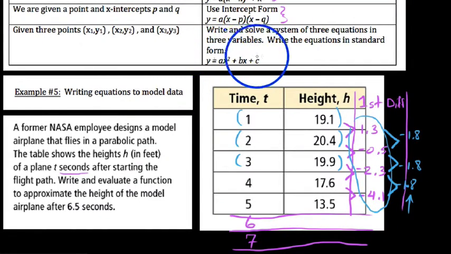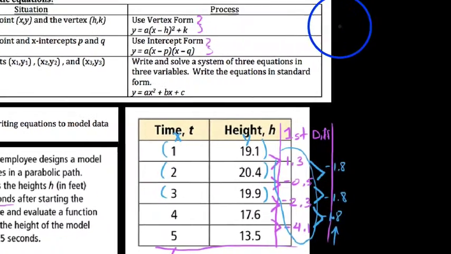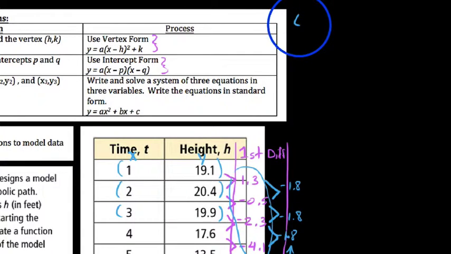When we write our first equation, what I want to point out is that our x value is 1 and our y value is 19.1 if and only if our x value is 1. So our first equation would say our y value is 19.1, but it's only true if our x value is 1.